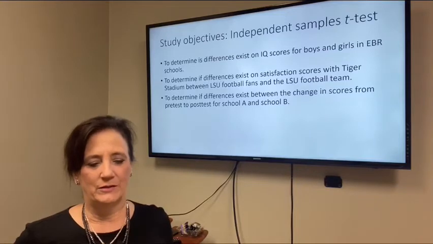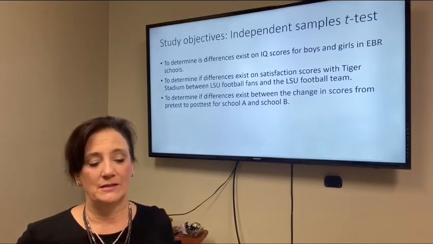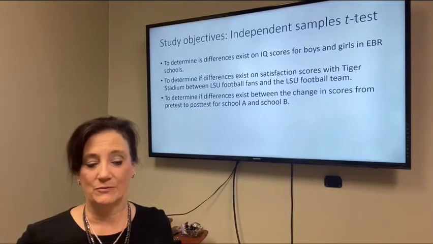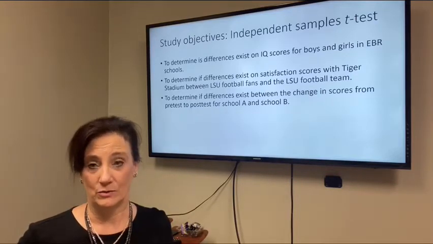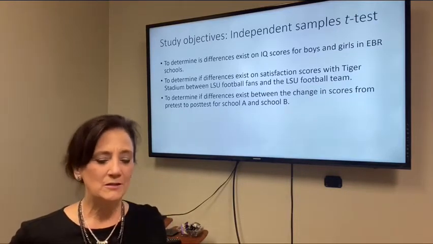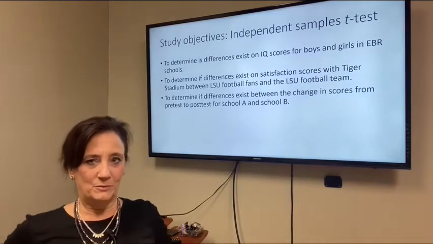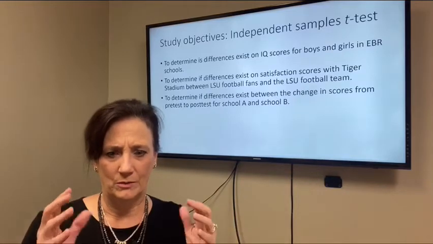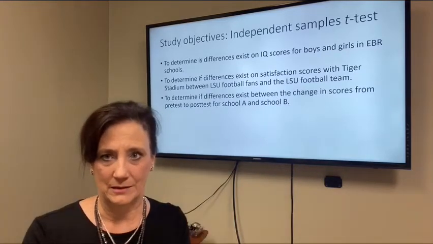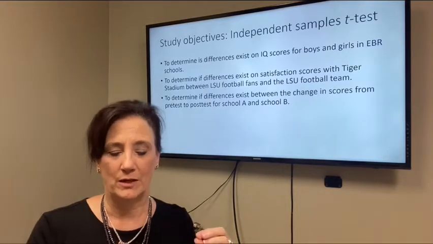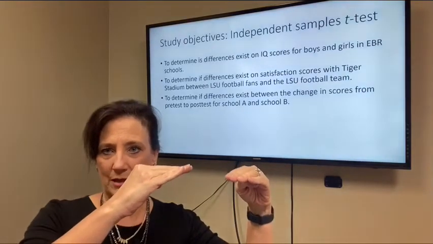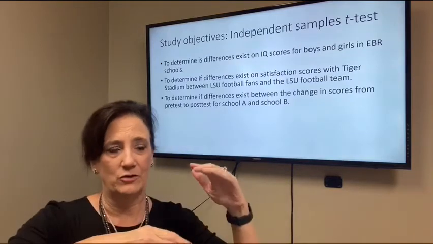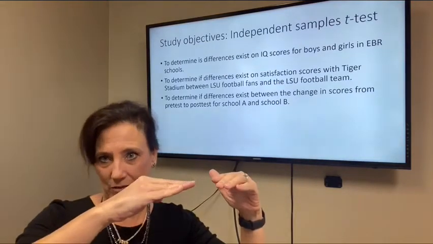In the third one, do differences exist between the change in scores from pre-test to post-test for school A and school B? Now this one could almost be tricky. So make sure that you notice what makes this independent. What happened was you took pre-test and post-test and subtracted those two values. Actually, you took post-test minus pre-test, right?